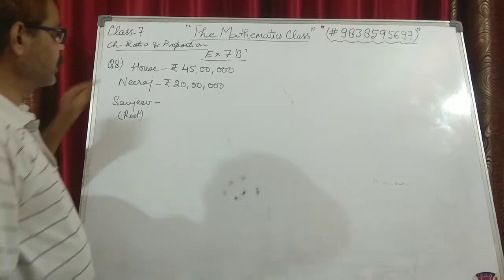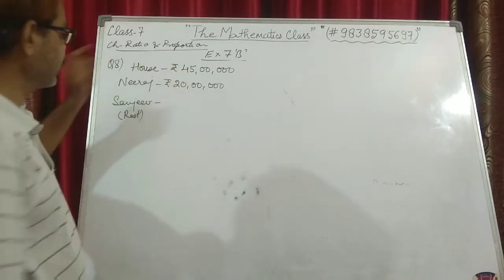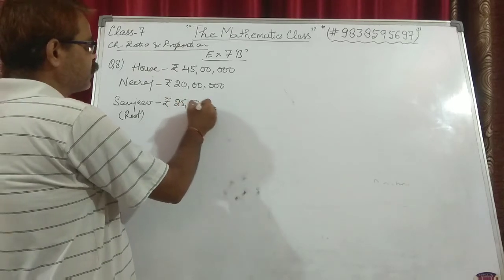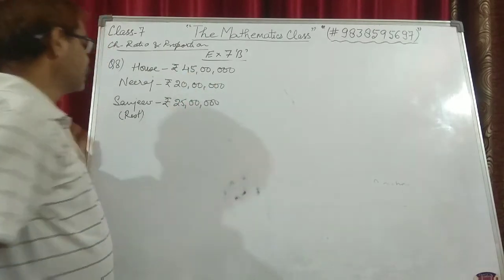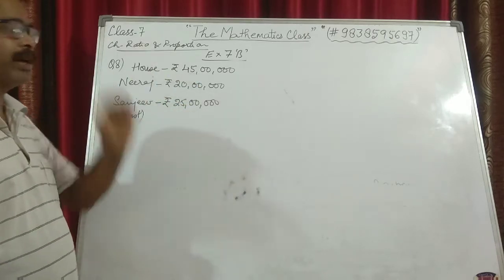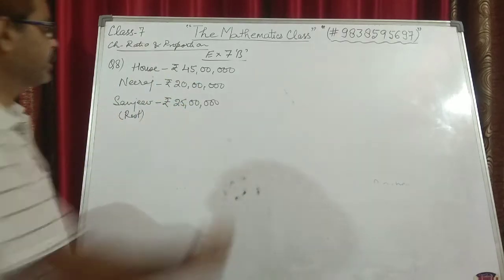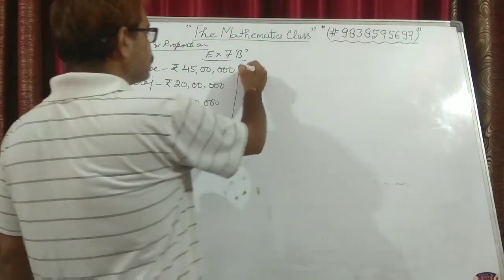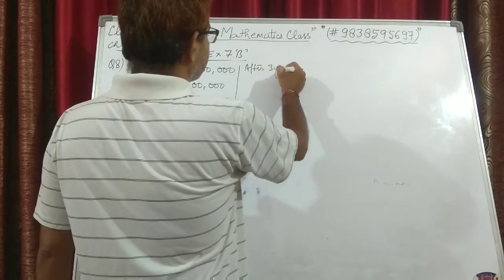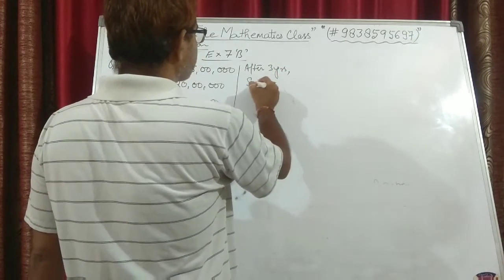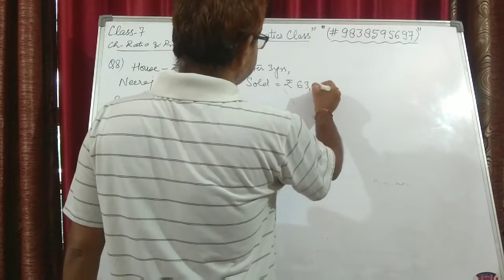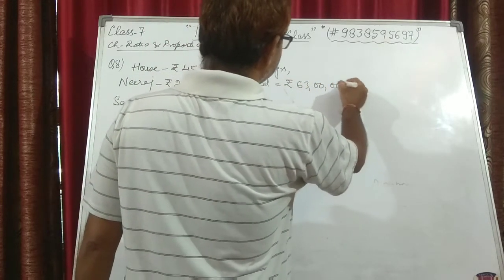So how much amount is left? 45 lakh minus 20 lakh is rupees 25 lakh. So 25 lakh was paid by Sanjeev, that was the rest of the amount, and Neeraj paid rupees 20 lakh. Then they say after 3 years, the same house was sold for rupees 63 lakhs.